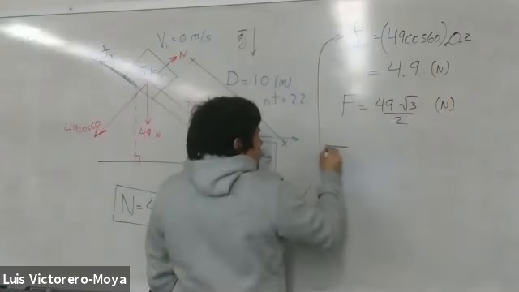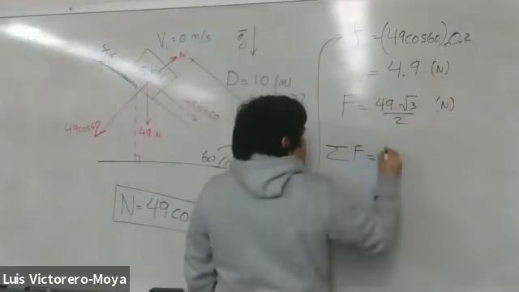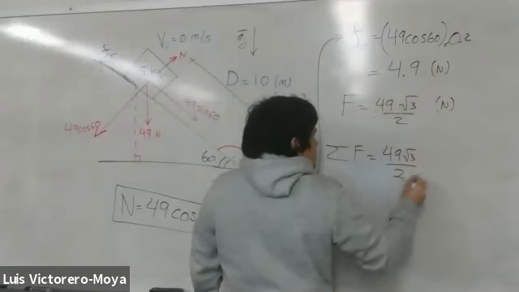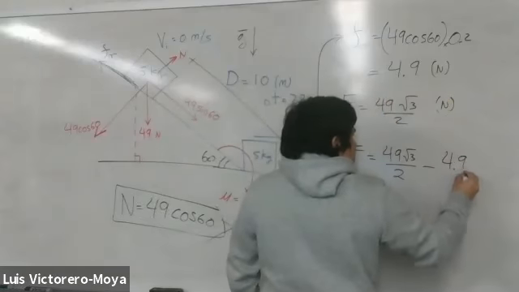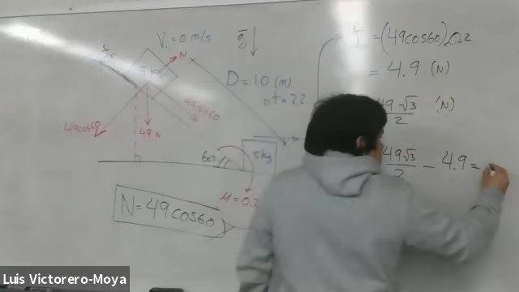So the net force is this one minus 4.9 equals to what? Mass times acceleration.